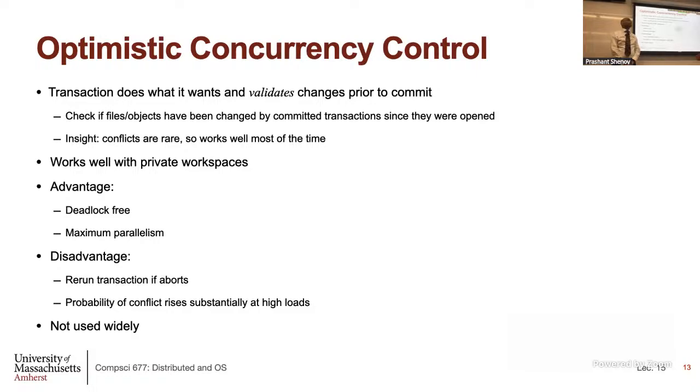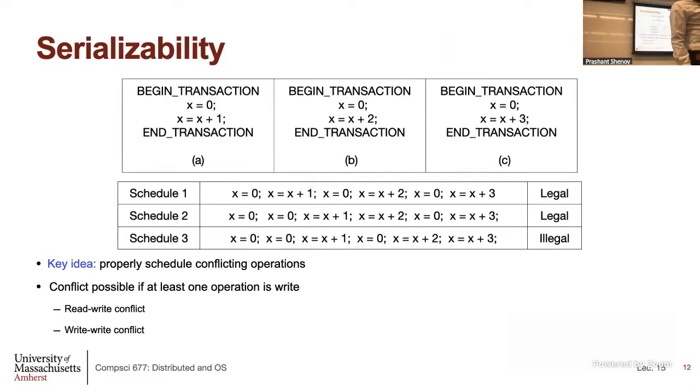Yes, question. The question is, in the previous case, will we have a conflict? In this case, if you're using optimistic concurrency control, all three transactions are touching the same data item.